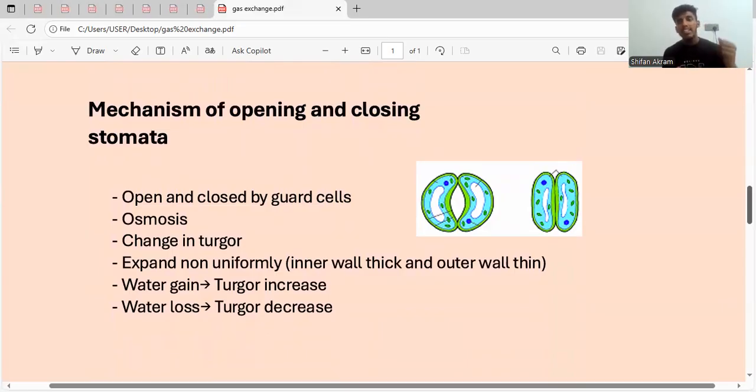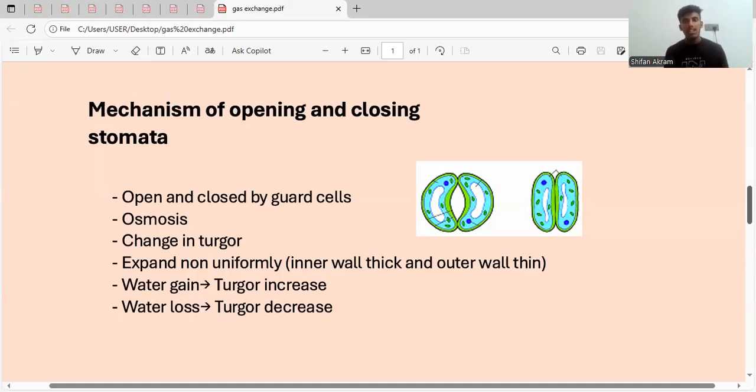When water enters the guard cell, their turgor pressure increases, which means water causes more pressure on the cell wall against the cell membrane. This increases the turgor pressure, causing the guard cells to expand.